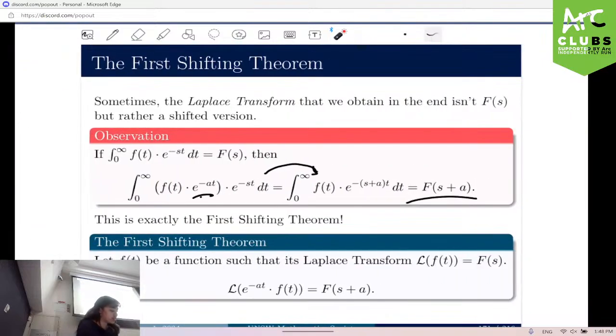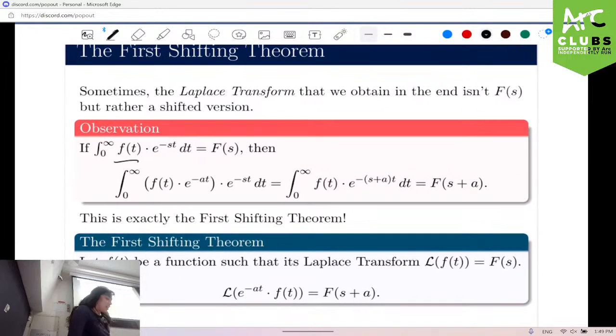Okay. So the first shifting theorem. Sometimes the Laplace transform that we obtain isn't just that. We have to shift it. We can think of this as a translation of your time component. Let's say you have a function, and then you see that it's getting multiplied by e to the minus at, where a is any constant.